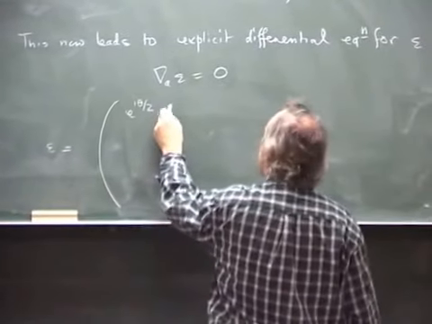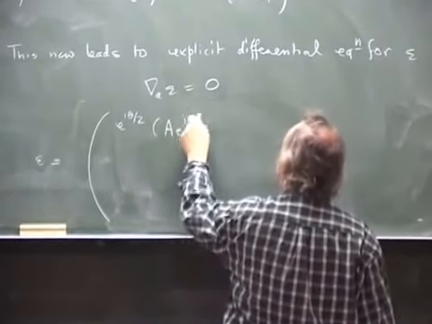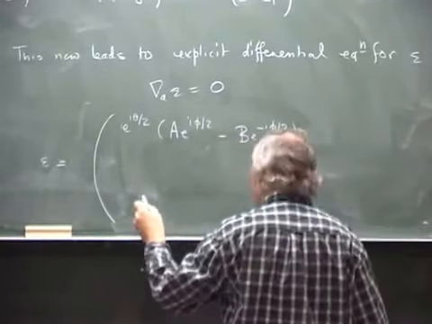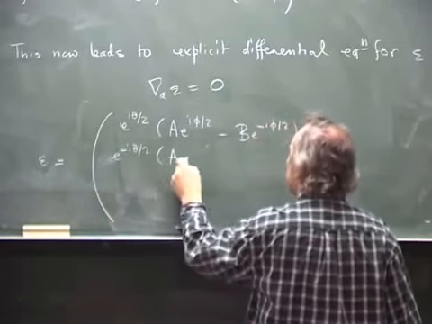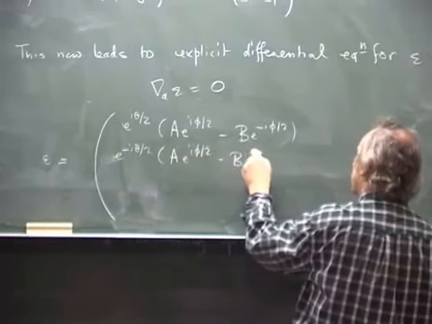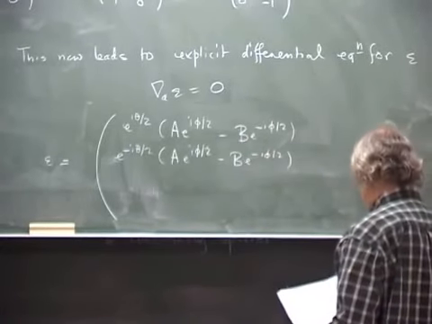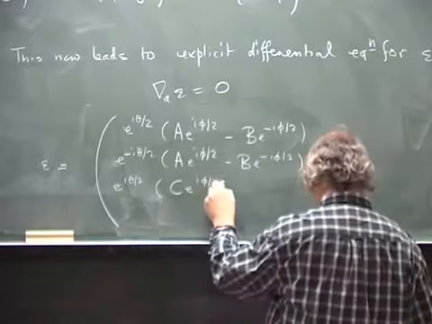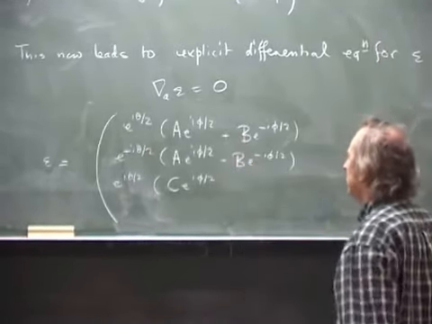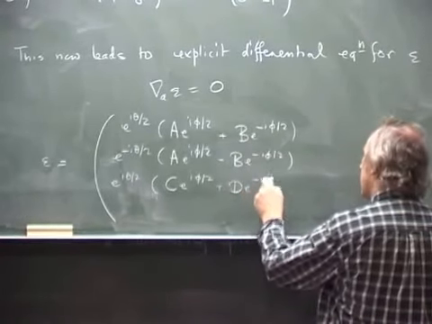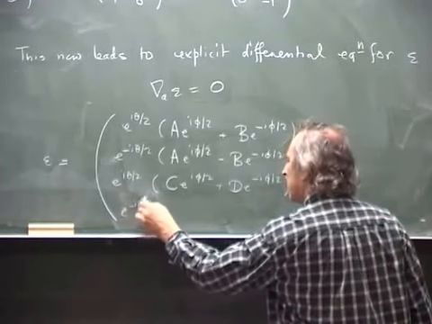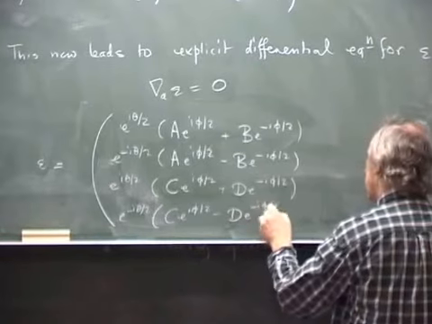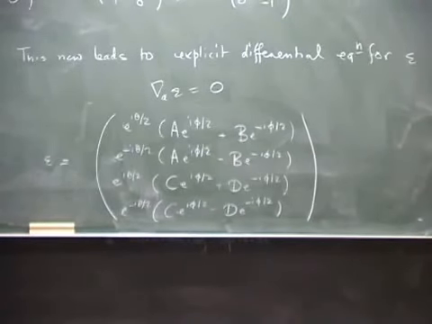E to the I theta over 2, arbitrary constant e to the I phi over 2, minus an arbitrary constant e to the minus I phi over 2, e to the minus I theta over 2, same thing, that should be a plus. A, B, C, and D are complex constants of integration.